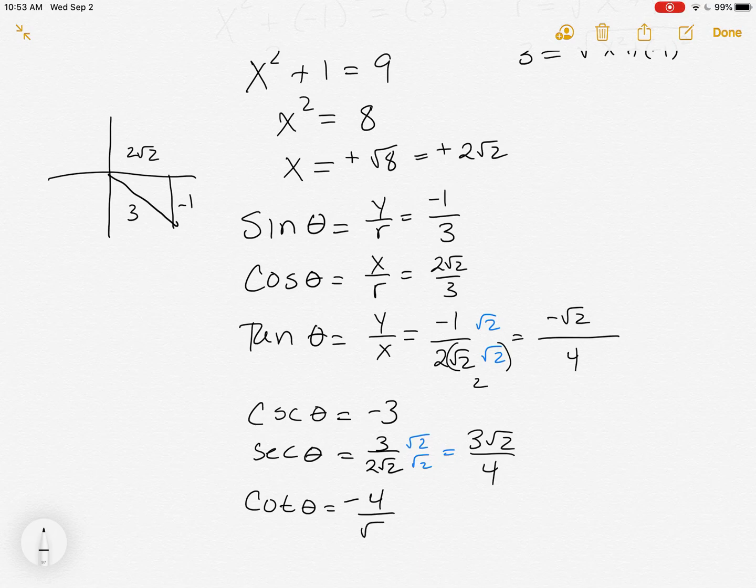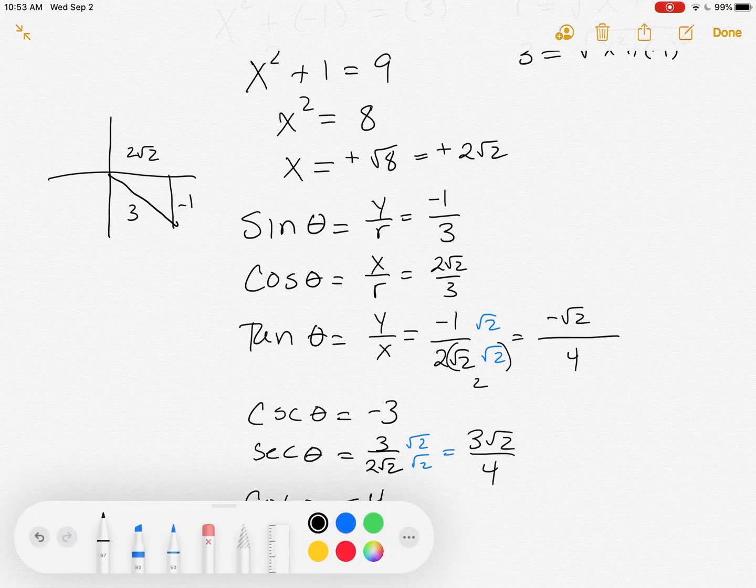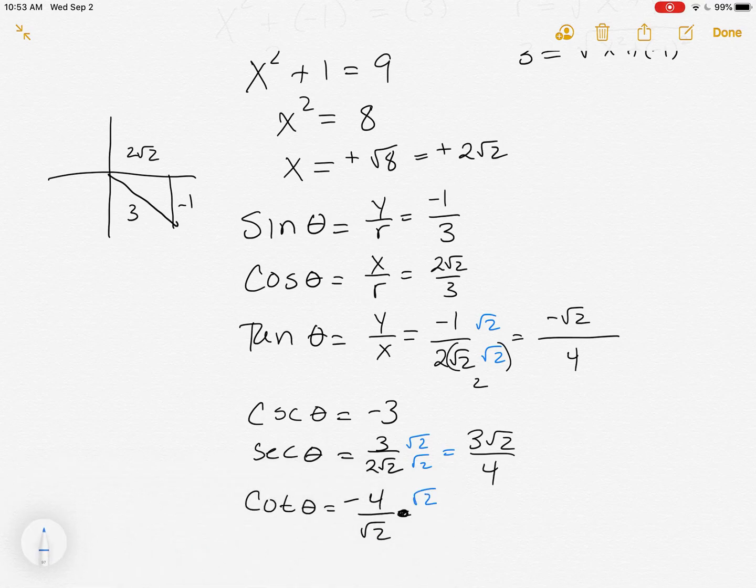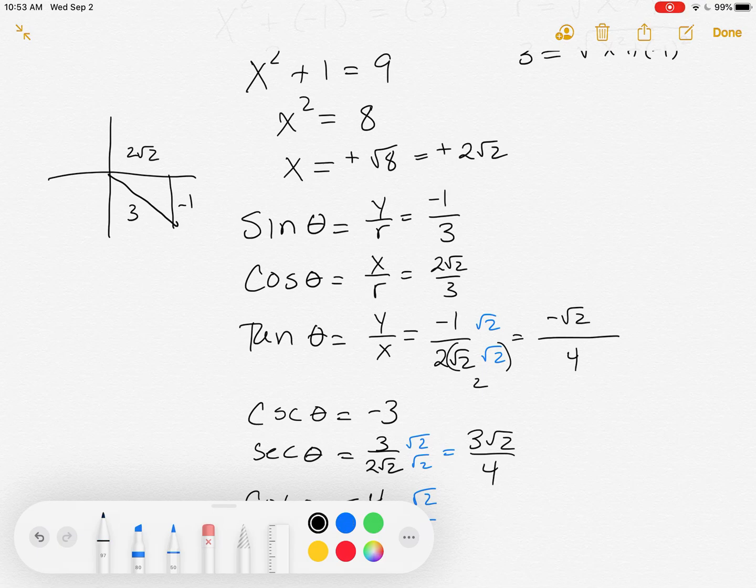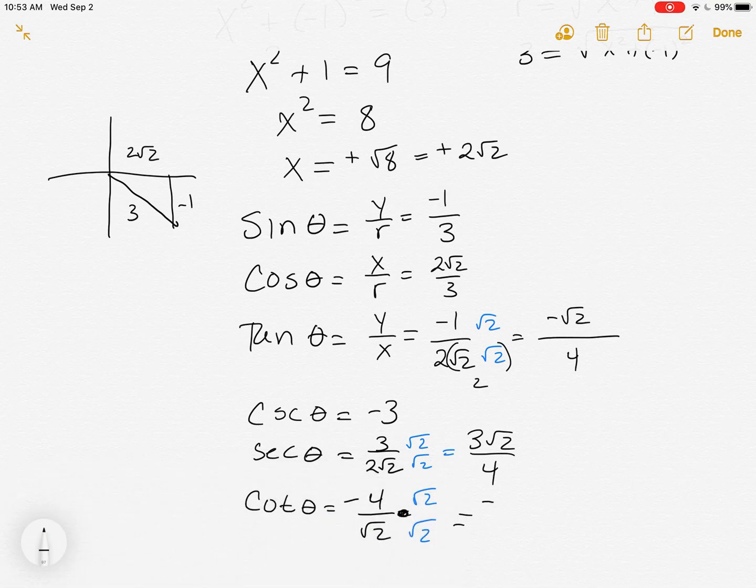So this is going to be -4 over root 2, and I'm going to multiply top and bottom by root 2. And so I'll do that in blue again. So I get a root 2, go back to black, just so you can see what I introduced. And this is negative 4 root 2 over 2. And so this is negative 2 root 2. A nice simplified version of that. So that's how you do 78.